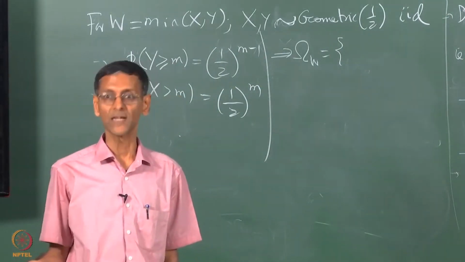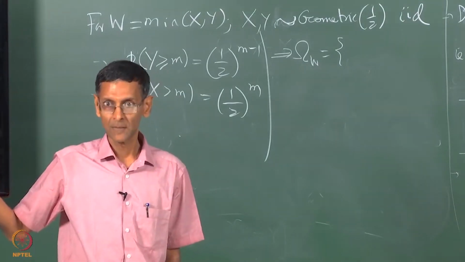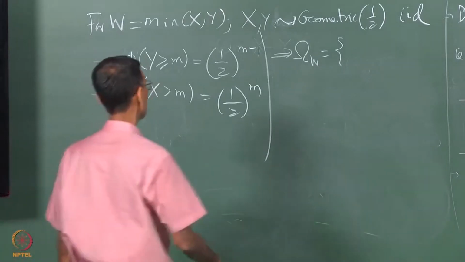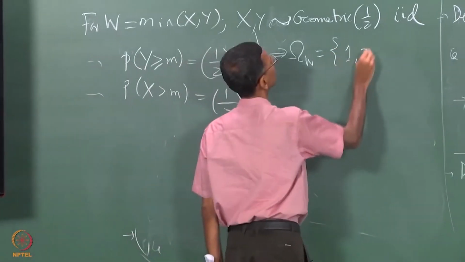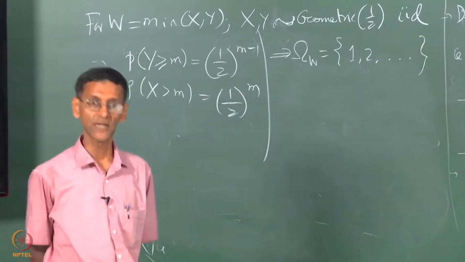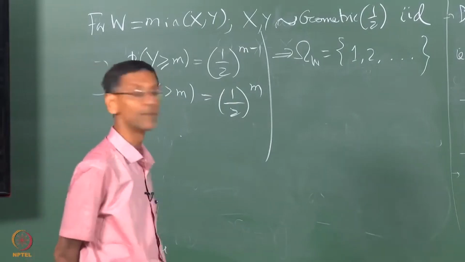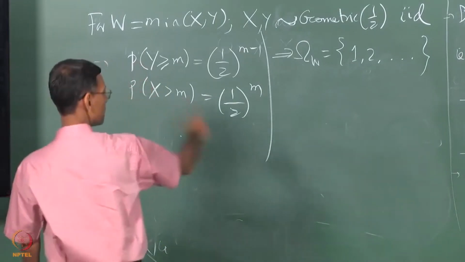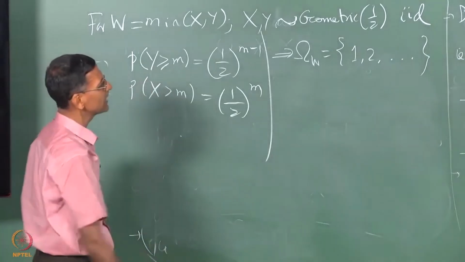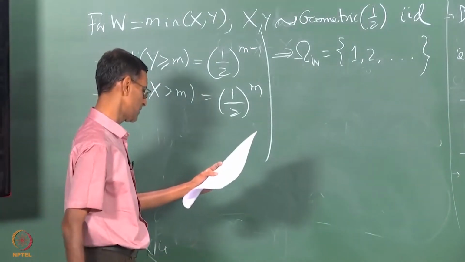So omega can be 1 itself, and there is no limit on how large it can be potentially. So you have to allow all positive integer values, 1, 2, up to infinity. So what is this? If you plug it all in there, what is X equal to m? The probability that X equals m is half power m minus 1.